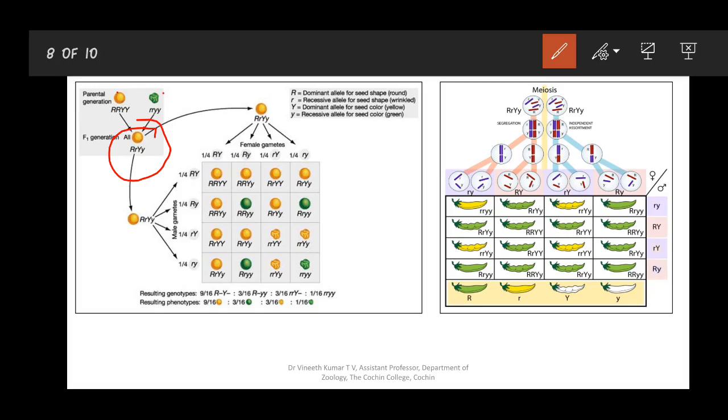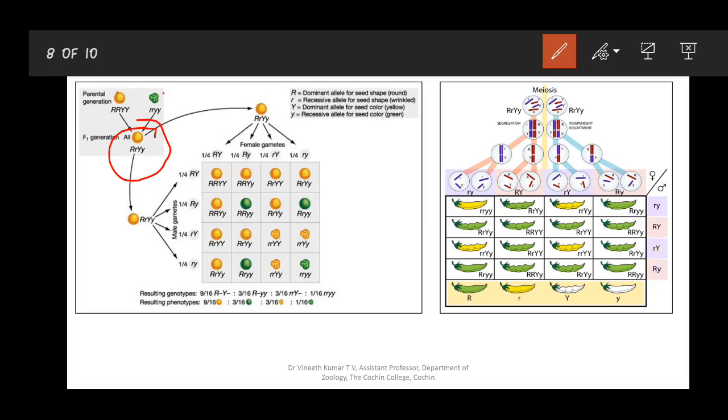So this is the experiment he did, and now we are going to see the cytological explanation of this experiment, and we'll return to this experiment and see the checkerboard later.